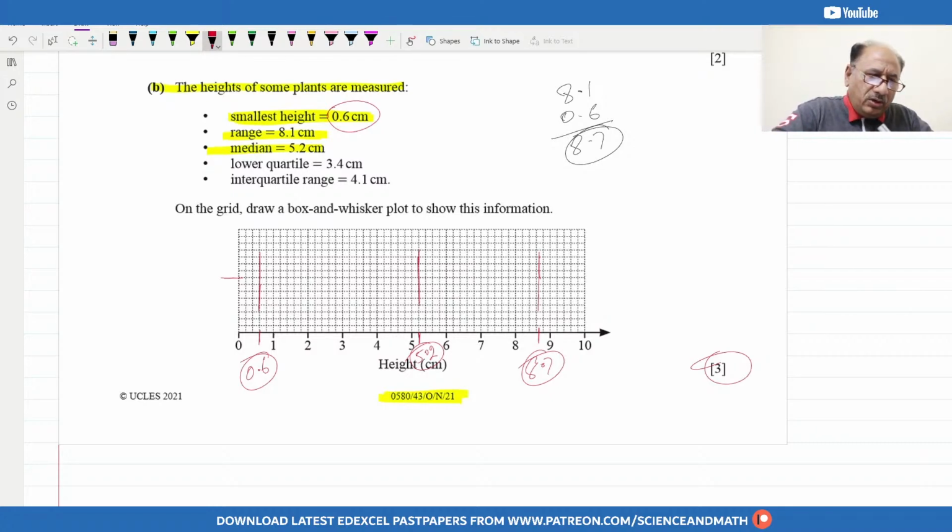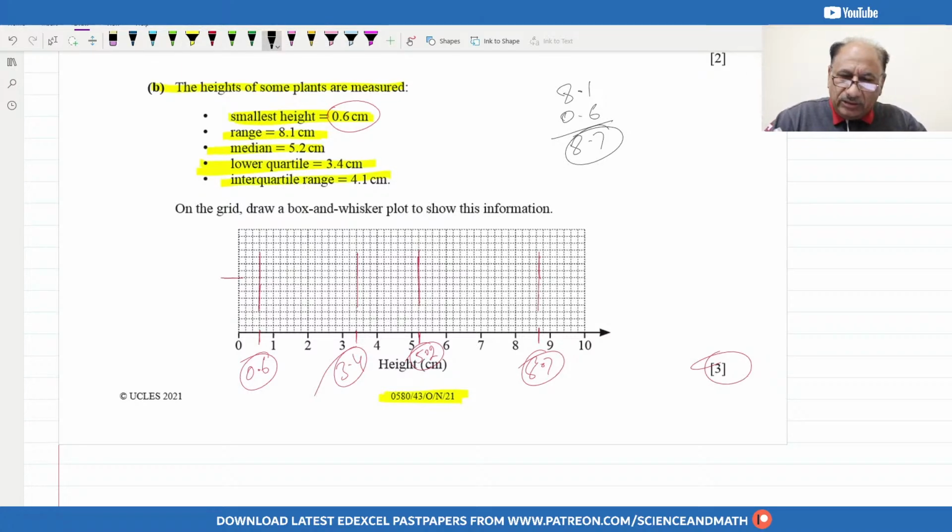Now the lower quartile is 3.4. So the lower quartile will be 3.4, which we can draw like this. So this will be our lower quartile, 3.4. And for the upper quartile, they have given the interquartile range, which is 4.1.